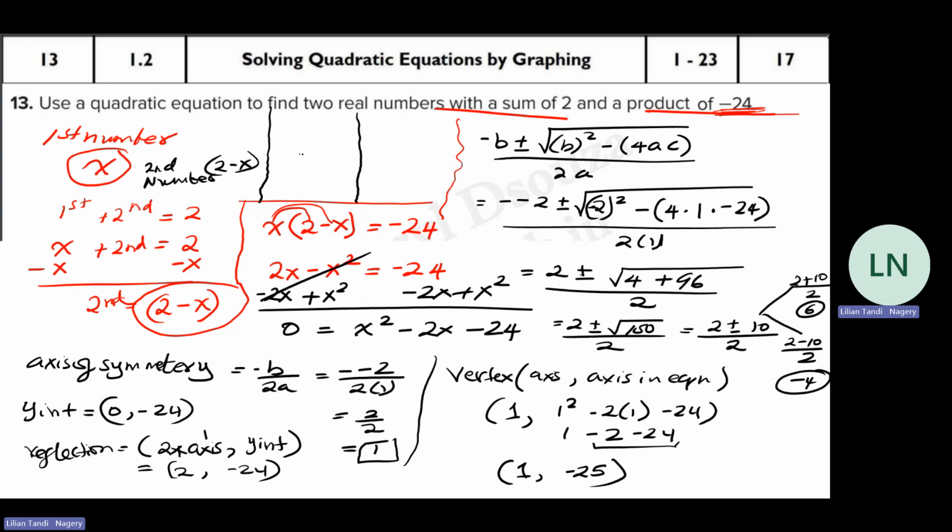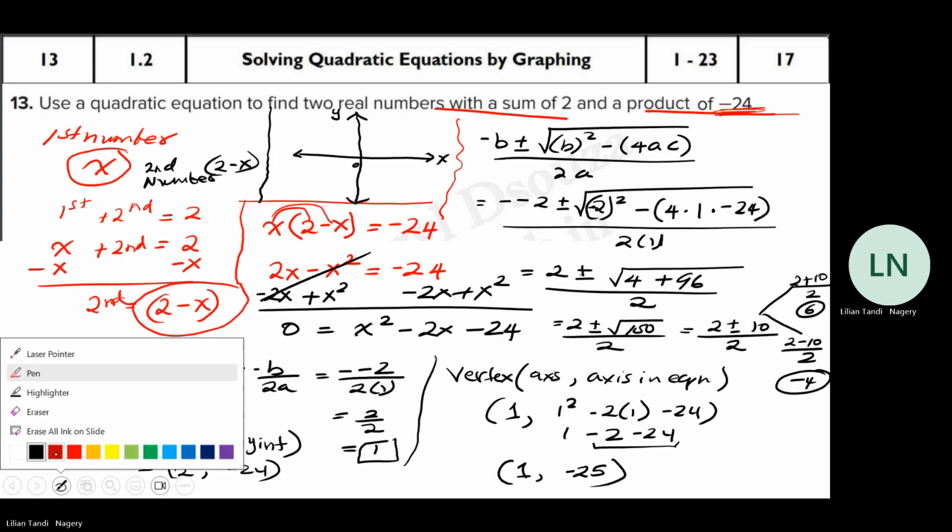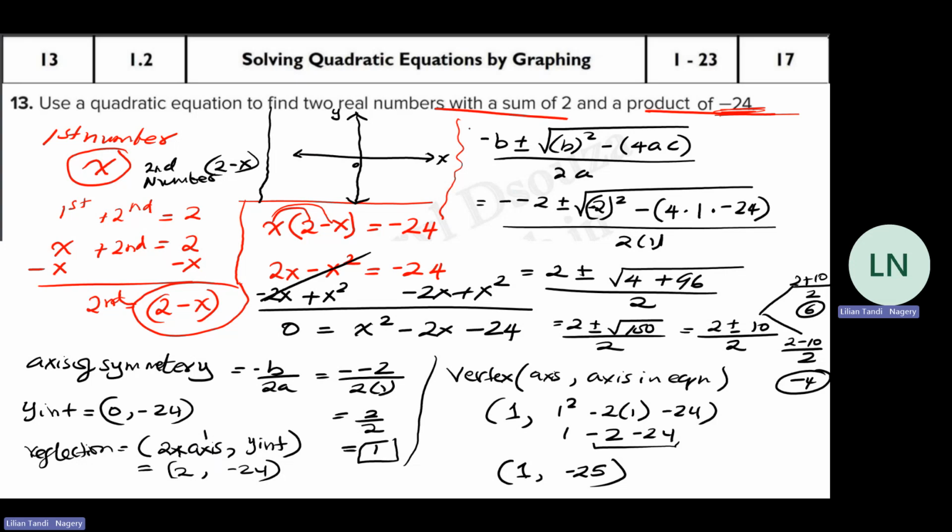This is your coordinate plane. This is your y. This is your x. This is your origin. Your solution is at negative 4. So this number here is negative 4. You put a dot. The other one is at 6. You put a dot.